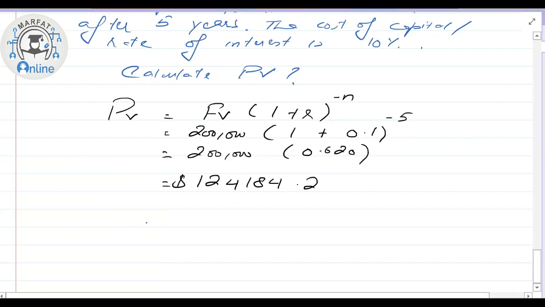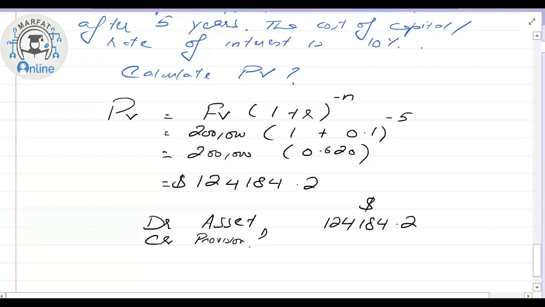Now we pass the double entry: debit asset, because this cost is capitalized, 124,184.2, and credit provision for dismantling. Why are we calling it provision? Because provision is a liability of uncertain timing and amount.